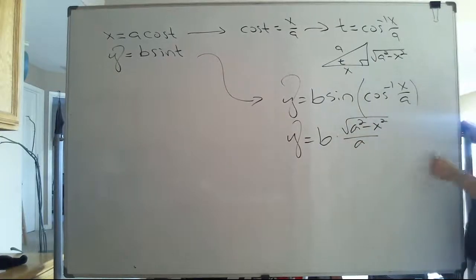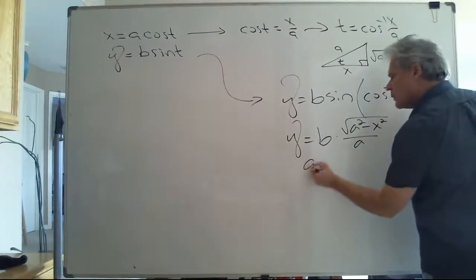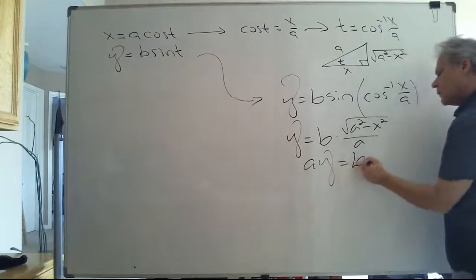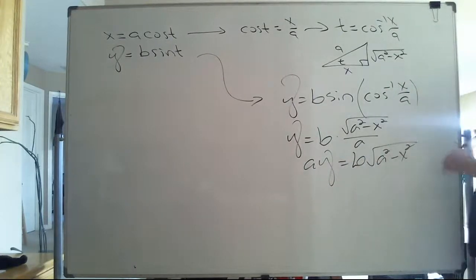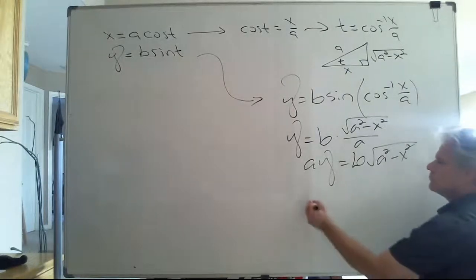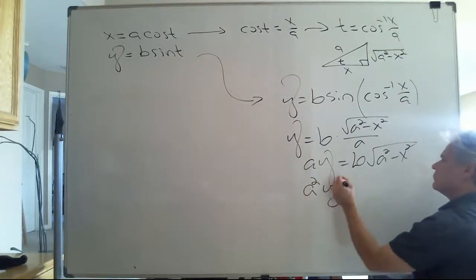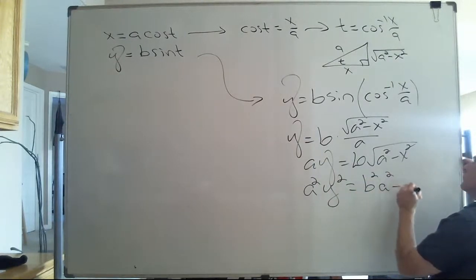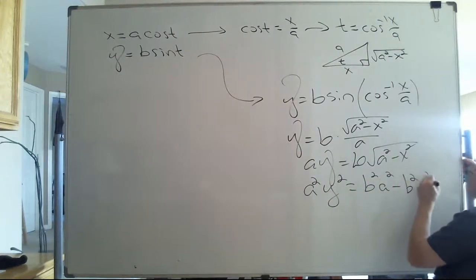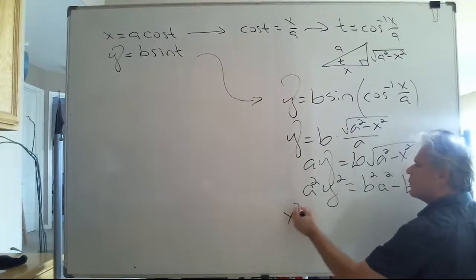So now let me clean up. I will get rid of fractions. Allow me to square both sides. Let me bring all the terms involved in the variables to the left-hand side.